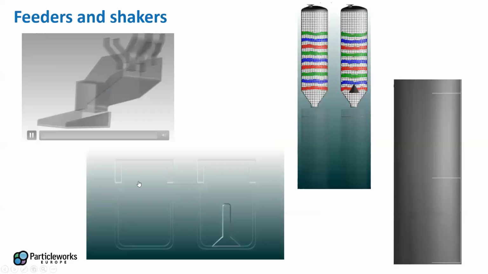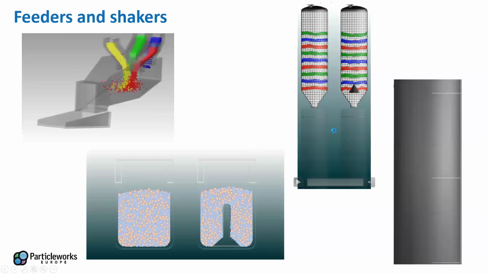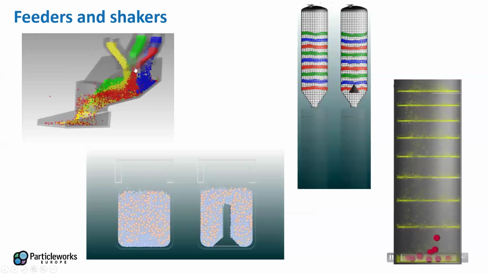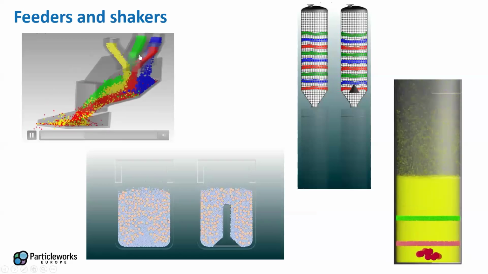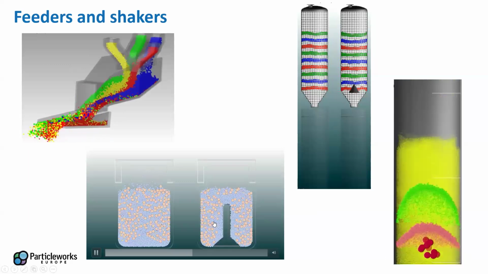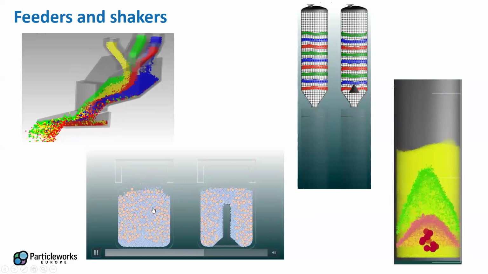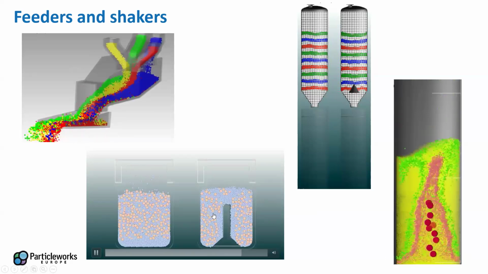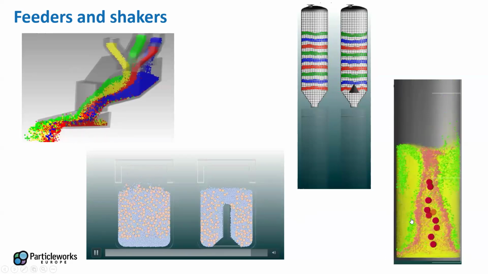Again, feeders and different kinds of shaker systems. You can see here we have multiple feeding areas. We have shaking to have more or less shaking or control the distribution of particles.